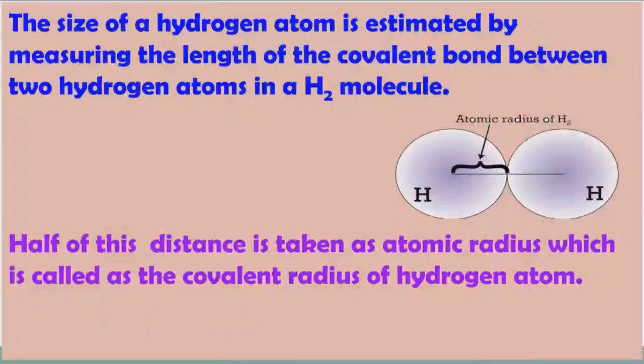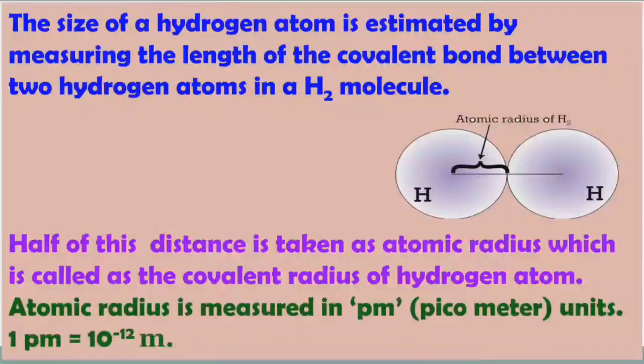Half of this distance is taken as the atomic radius, which is called the covalent radius of the hydrogen atom. Since there is a covalent bond between two hydrogen atoms, we call that atomic radius the covalent radius. If there is an ionic bond, we call that atomic radius the ionic radius.